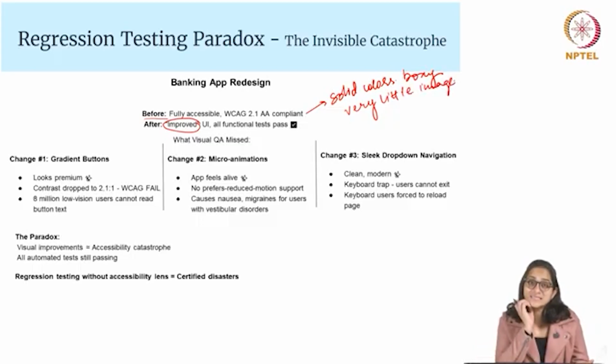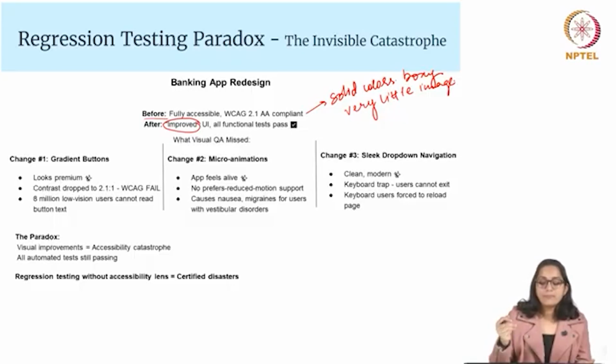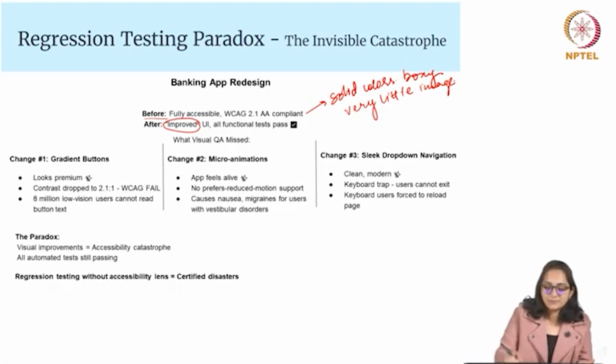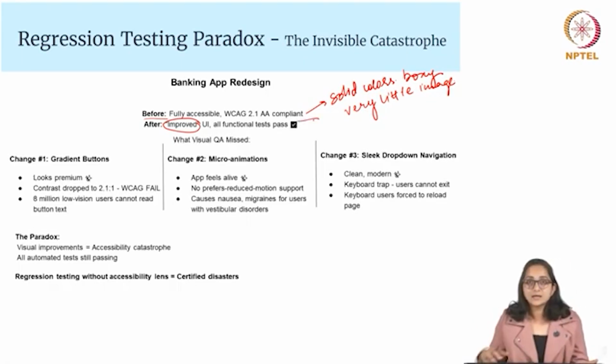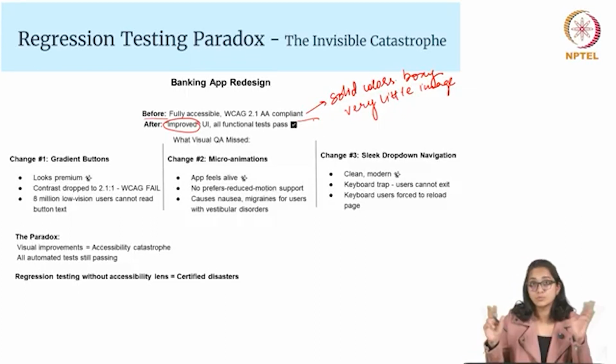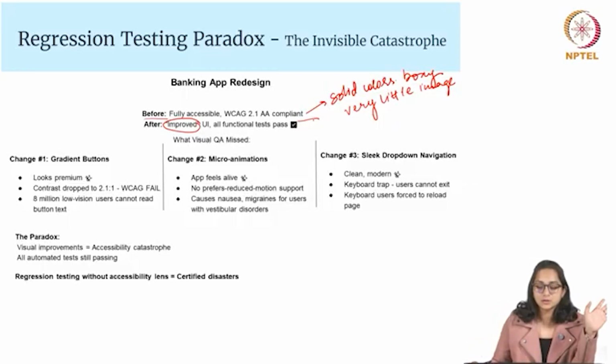Which may aesthetically not look great, but the website may be WCAG compliant. And then it is taken up by a designer who proposes an improved version of user interaction, and still all functional tests are passing.